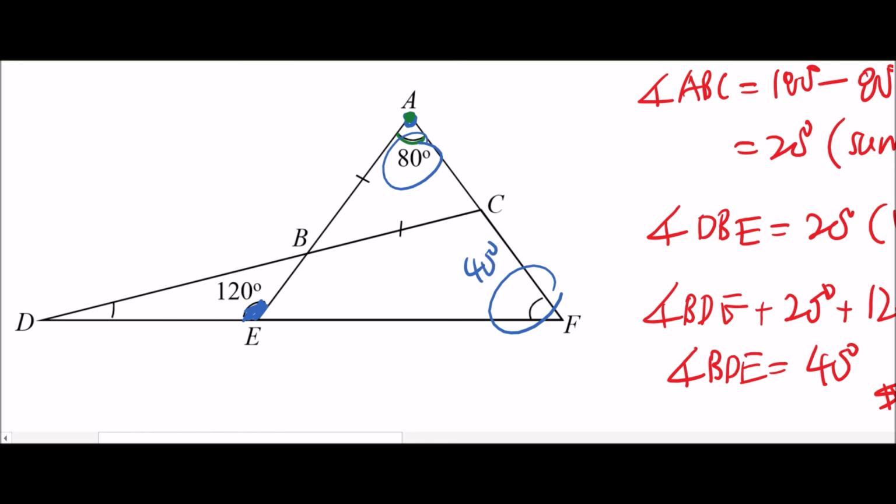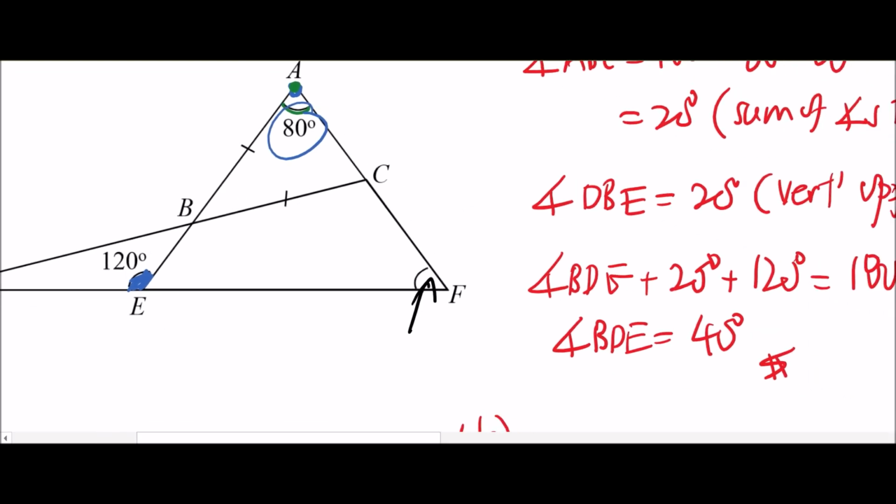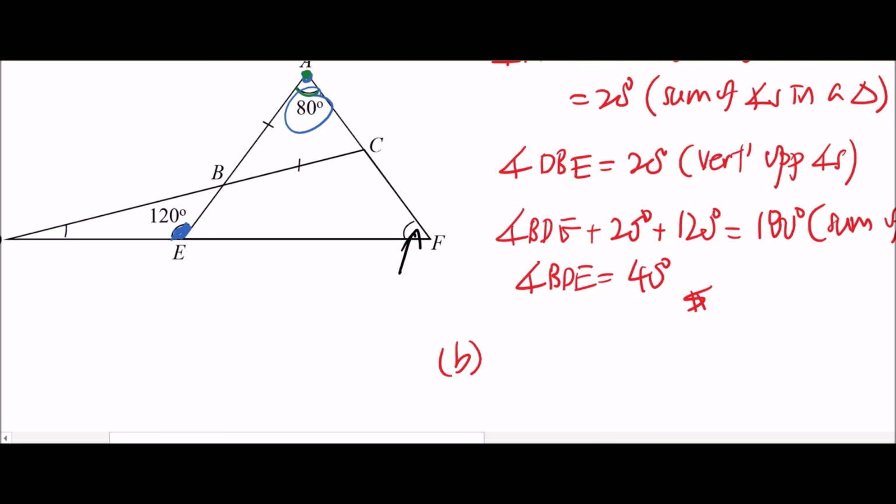Sorry, our task is to find this, right? Okay, so we already know 120, we know 80, so we can go ahead and calculate. Sorry, 120 degrees equals 80 degrees plus angle AFE.